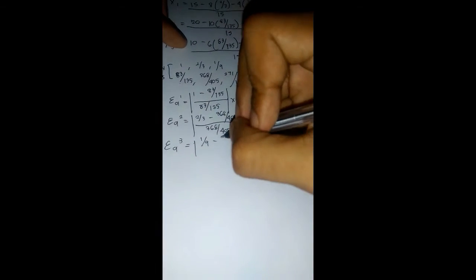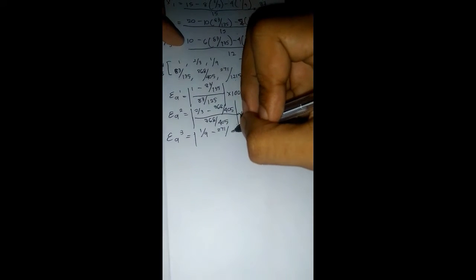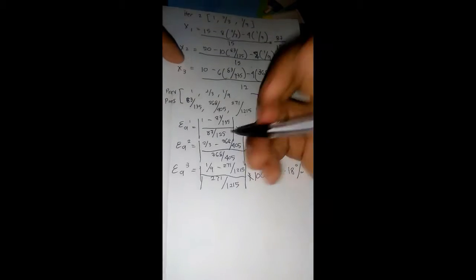For the last part, the third is 1 over 9 minus 271 over 1215 all over 1215 times 100 is equal to 50.18%. So you have a guess that possibly estimated on the root.